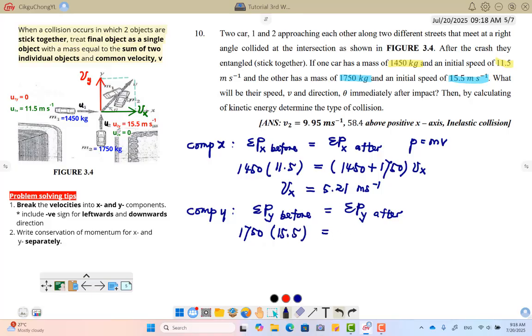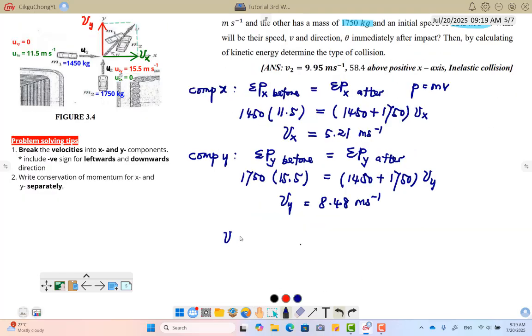After the collision, both cars move with a velocity Vy along the y direction, so 1450 plus 1750 multiplied by Vy. So we get Vy is 8.48 meters per second.